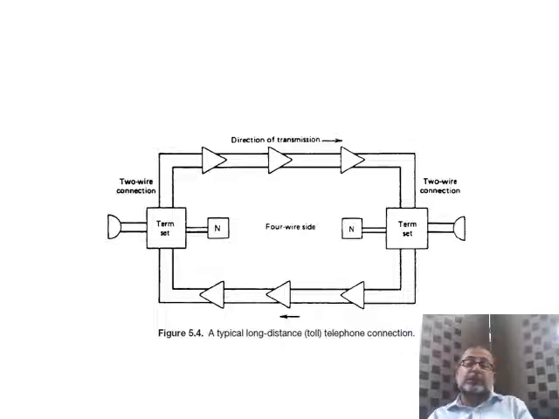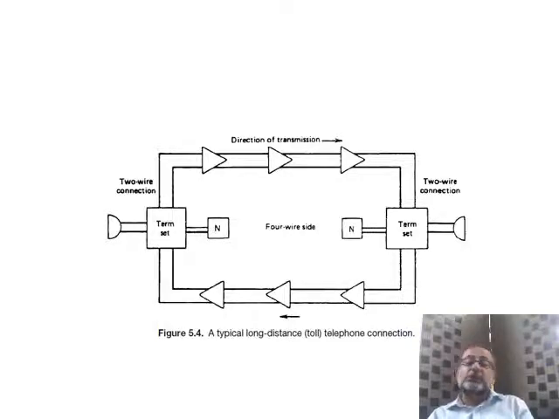This tunable RC circuit lets us balance the two sides, the input side and the output side of this terminal set. So in this way, we have converted our two-wire signal from the telephone to four wires to be sent on the longer distances.